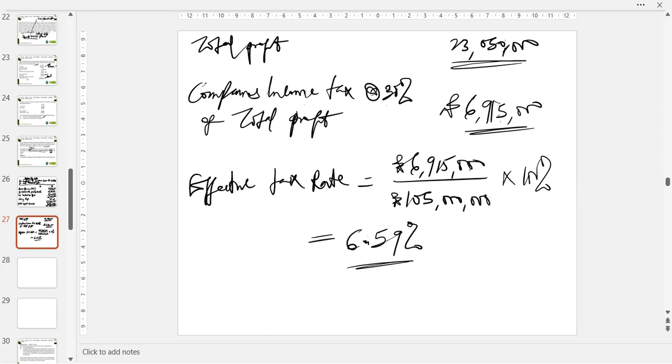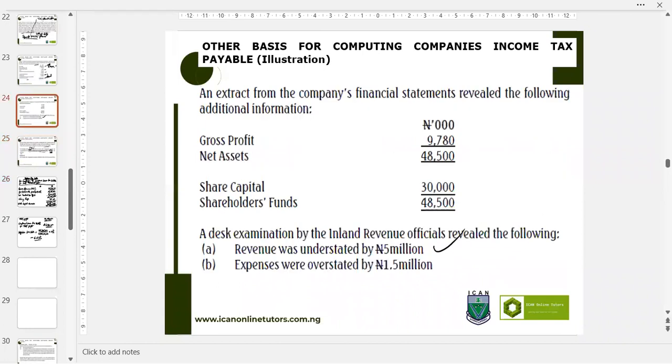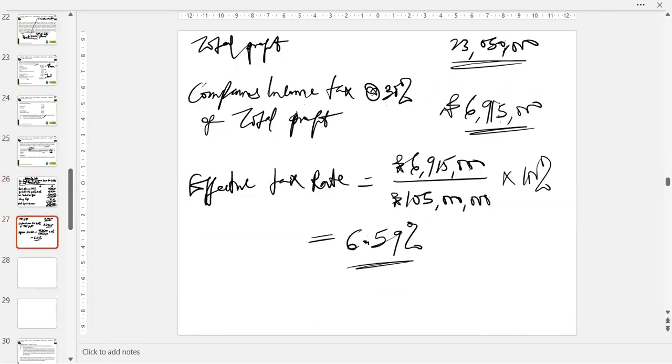So to test this, the examiner said we should use 25%, and because the company's revenue is 100 million naira and above, the applicable tax rate is 30%.